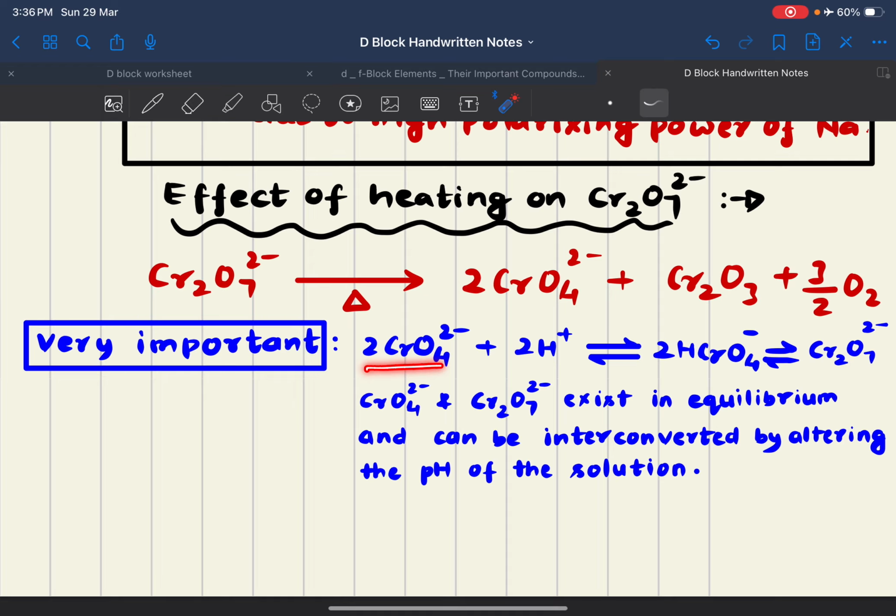The chromate ion is in equilibrium with the dichromate ion, and if you change the pH, they can be interconverted. If you go to higher pH, dichromate will change into chromate. If you go to lower pH, meaning acidic medium, you will get dichromate.